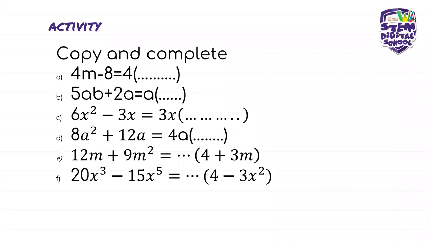The key question is which number? If you're going to have 4 and then 3, and initially you had 12 and 9, it means the number will be 3, because if you multiply 3 by 4, you get 12. If you multiply 3 by 3, you get 9. So the outside number there will be 3, and then of course not just 3, but also m.